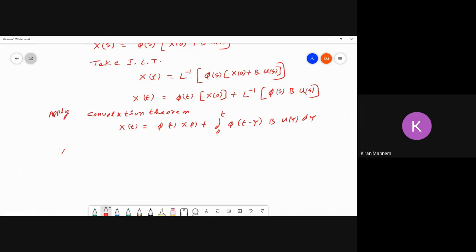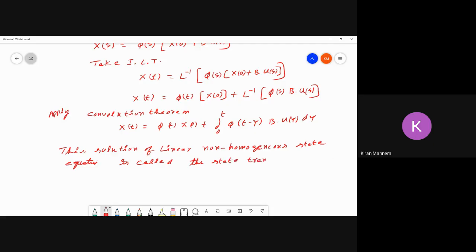So this solution of the linear non-homogeneous state equation is called the state transition equation.